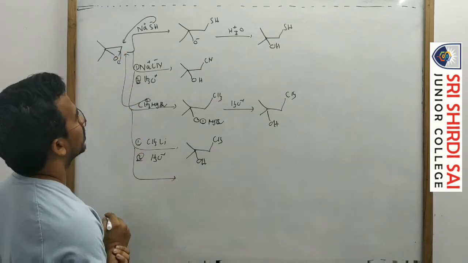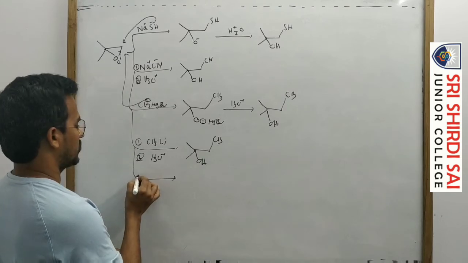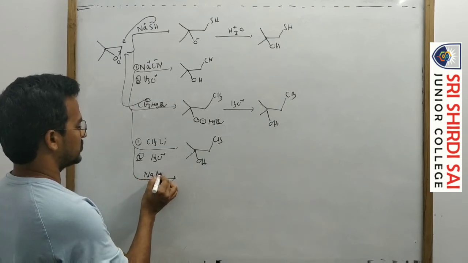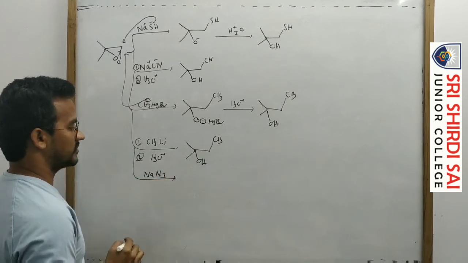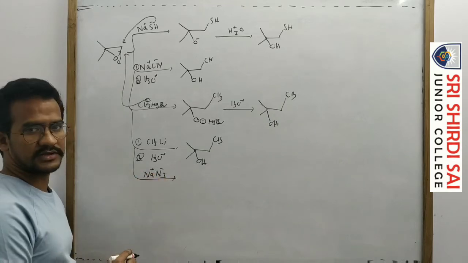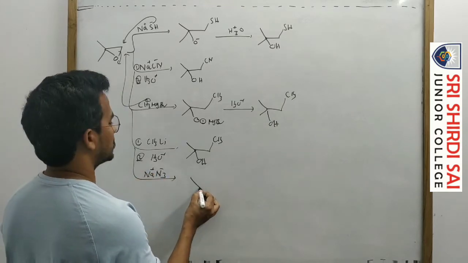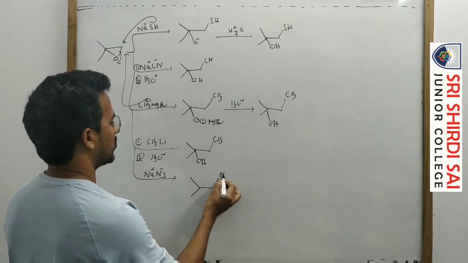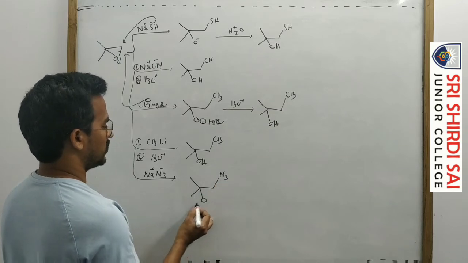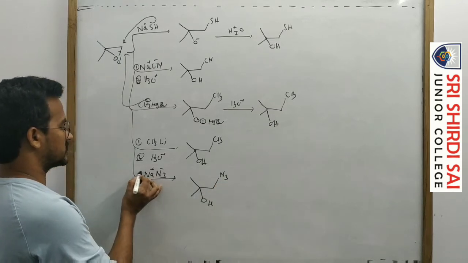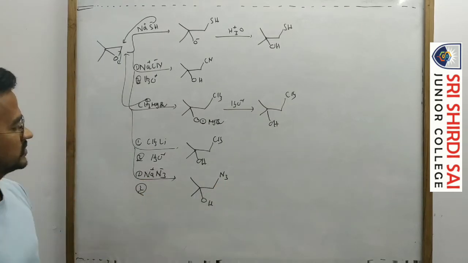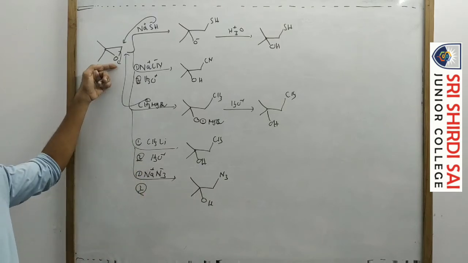Next, suppose I am reacting with NaN3, sodium azide, Na plus N3 minus. Again this N3 minus attacks the less substituted carbon. This one becomes OH, followed by hydrolysis. So first the ring breaks and it is converted to O minus.